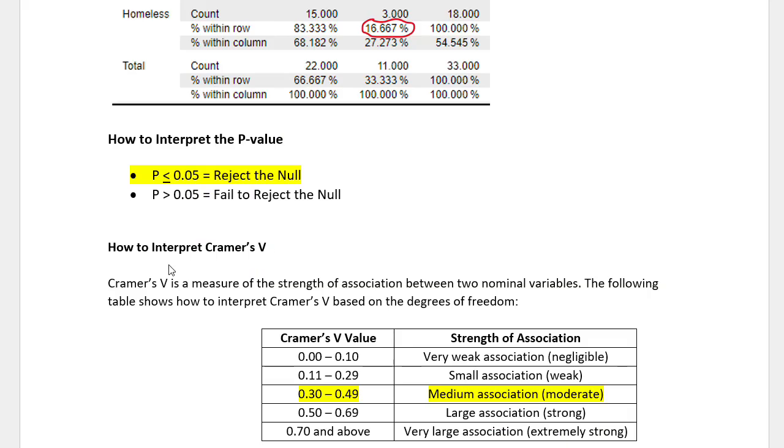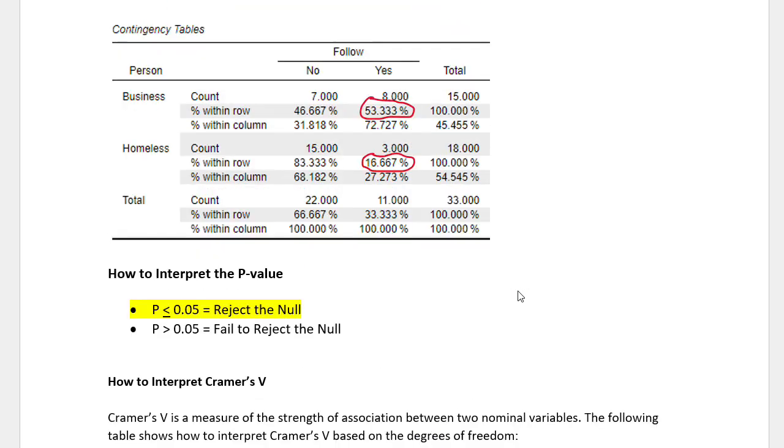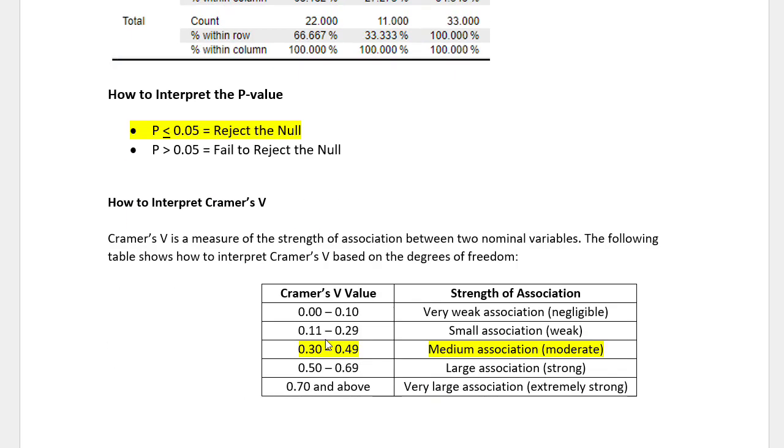Then how to interpret Cramer's V. Cramer's V is a measure of the strength of the association between those two nominal variables. So that's the strength of the association between the type of person and whether they were followed or not. How strong is that association? This table lets you know how to interpret that value.